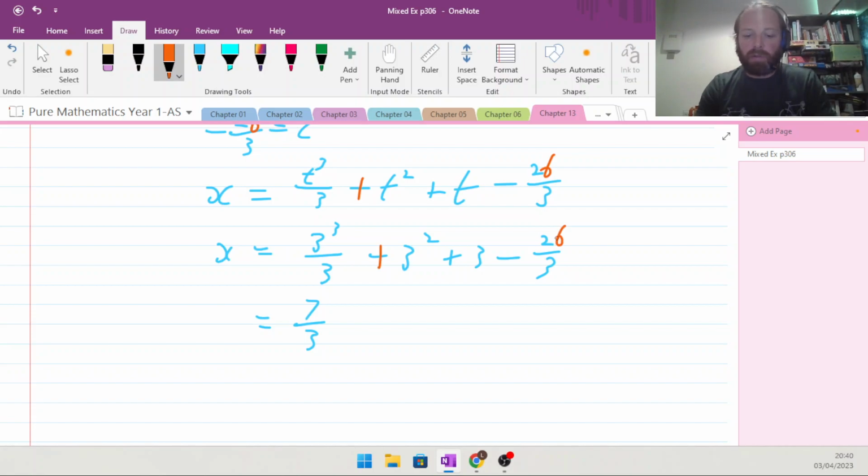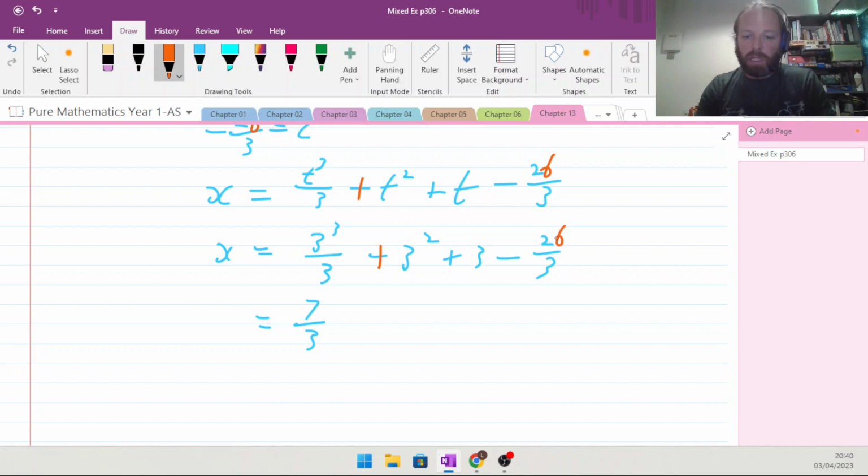3 to the power 3. Okay, divided by 3. Okay, that's not how you put it into a calculator. Over 3. What is it? Plus 3 squared plus 3 minus 26 over 3.